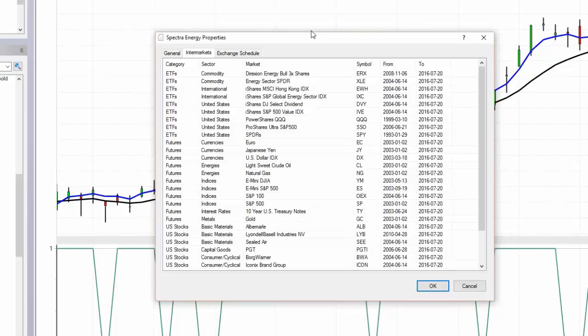For Spectra Energy, we know that any stock is going to be driven by currency valuations. It's going to be affected by ETF groups. It's going to be affected by other companies in the same sector. What the VantagePoint software is doing is utilizing a type of artificial intelligence called neural networks.